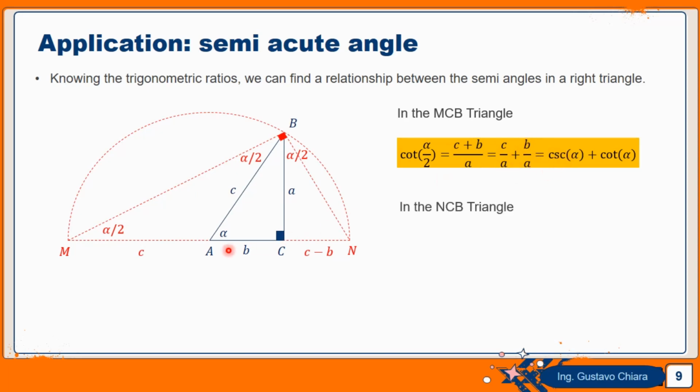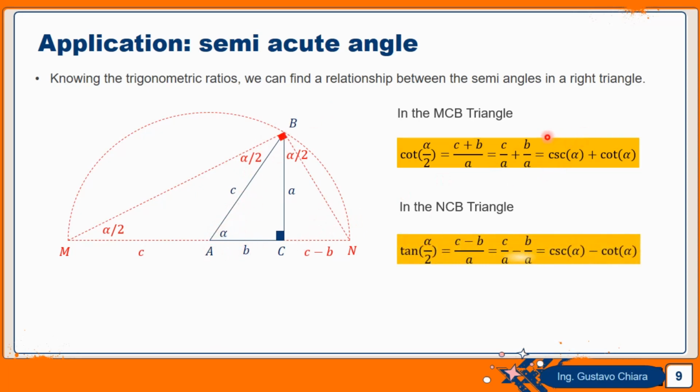In the same way, in the NCB triangle, the tangent of alpha divided by 2 is equal to the opposite leg divided by the adjacent leg. Reducing the expression and using the triangle ABC, we get that the tangent is equal to cosecant of alpha minus cotangent alpha.